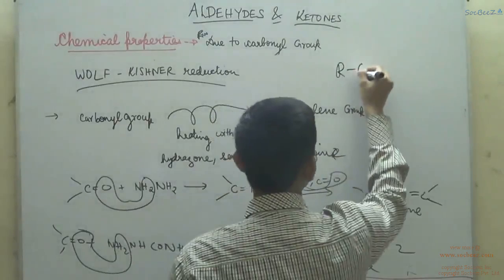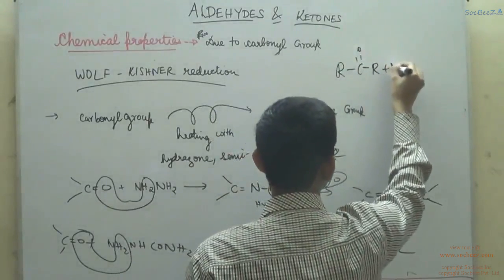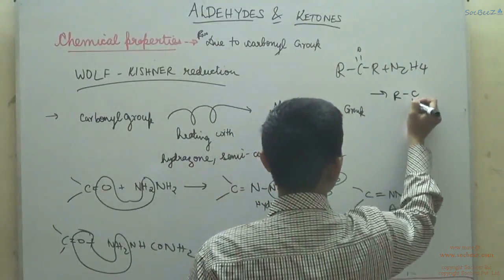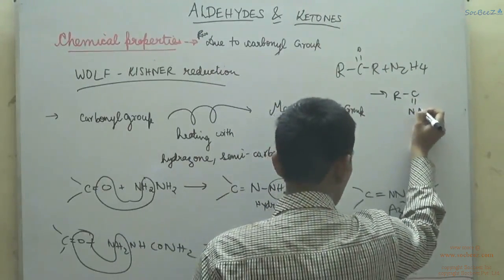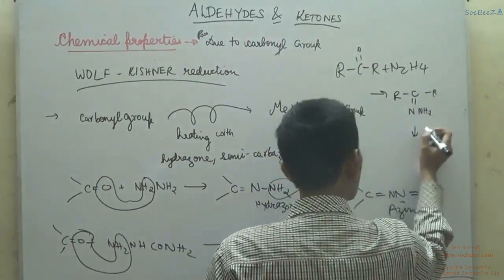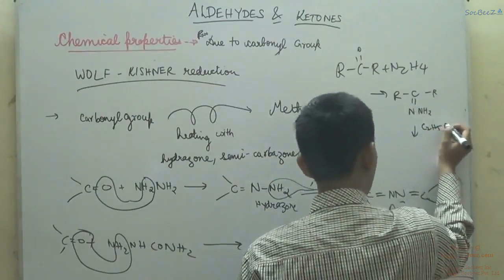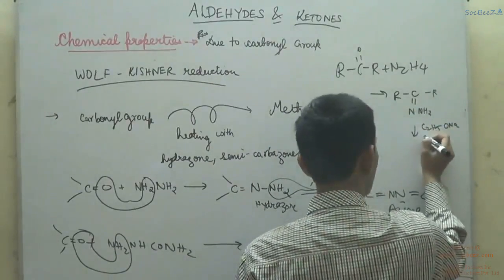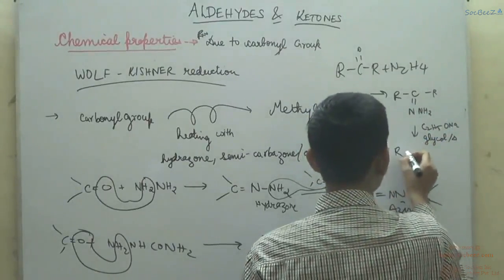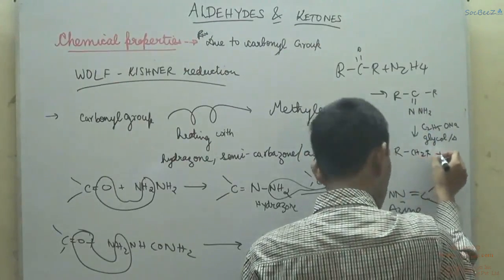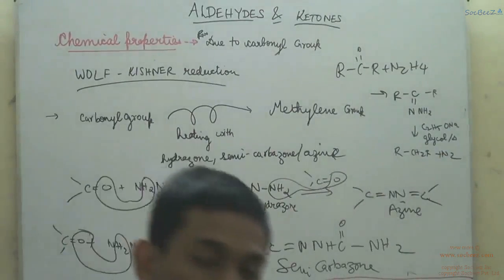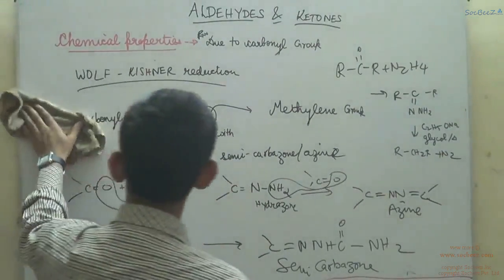Right? So you have R, C double bond O, R, you treat with hydrazine. What do you find? You find C double bond N, NH2, R, and then you treat it with C2H5ONa, in the presence of ethylene glycol, and heat it, then you will get R, CH2, R plus N2. So this is basically a Wolff-Kishner reaction. Okay, we'll go into the mechanism briefly.